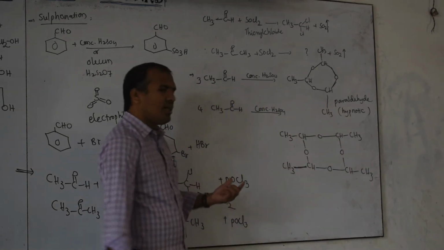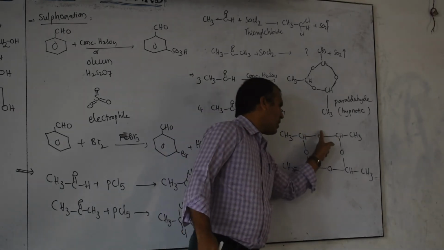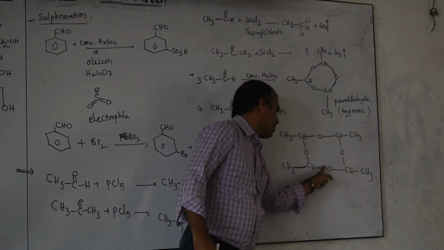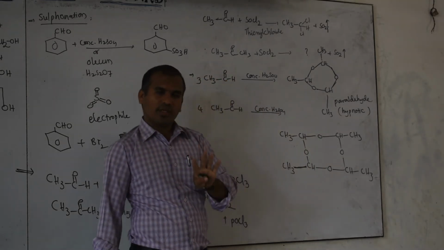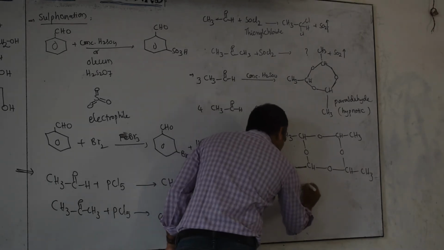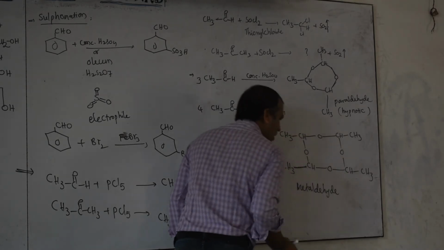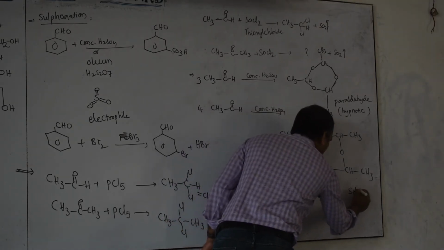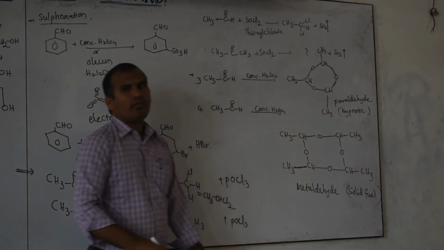See how many are here? One, second, third, fourth. Total 4 moles is there. Then this is called metaldehyde. This is used as a solid fuel.